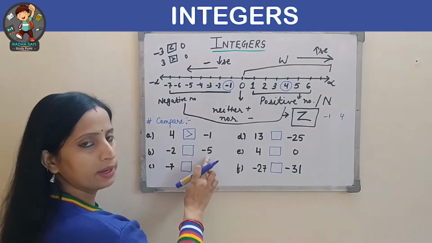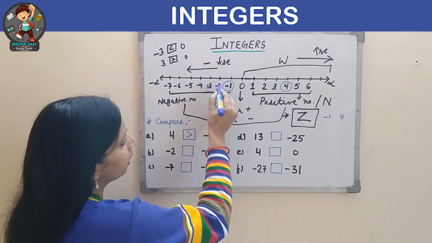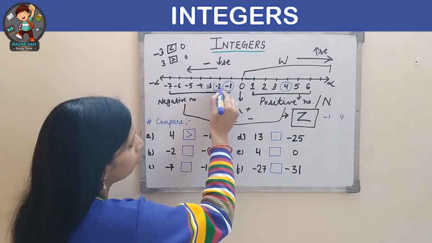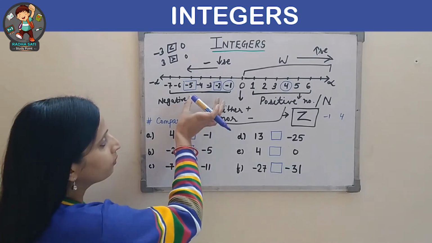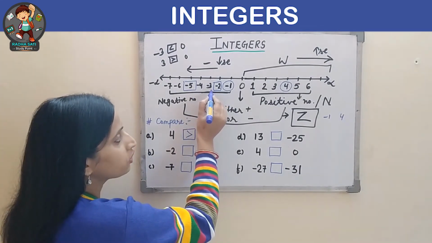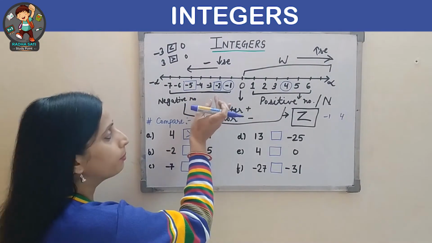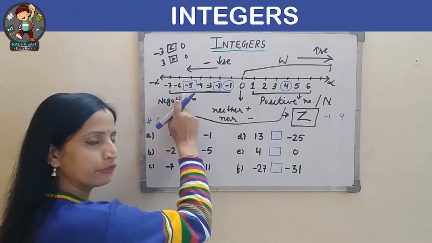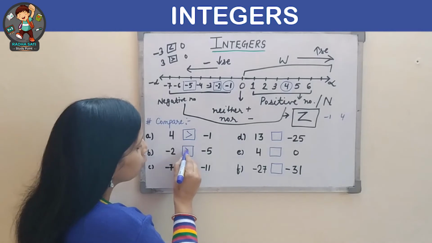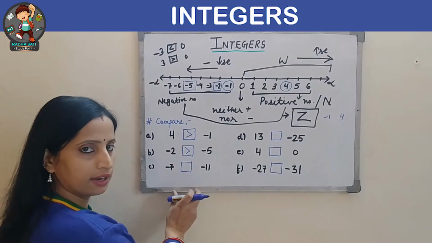Similarly, minus 2 and minus 5. Now this one is minus 2 and this one is minus 5. From these two numbers, which number is to the right side? Minus 2 is to the right side of minus 5. So that's why minus 2 will be greater.